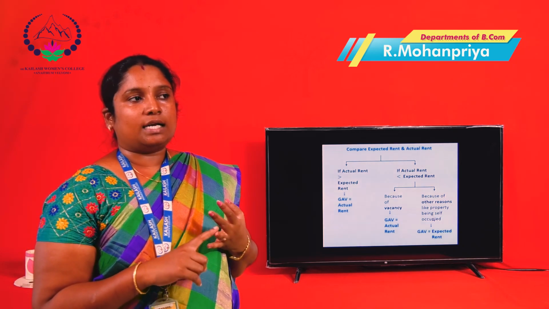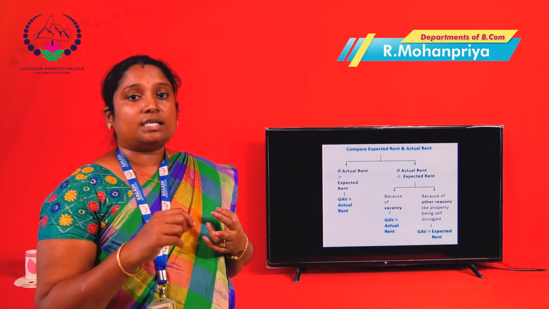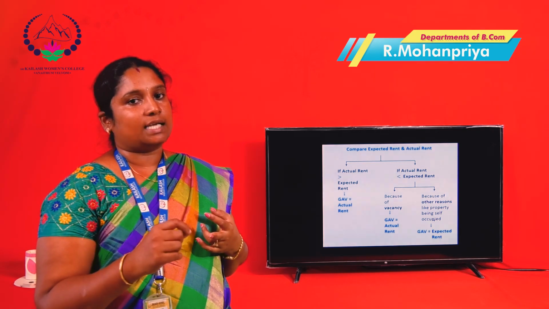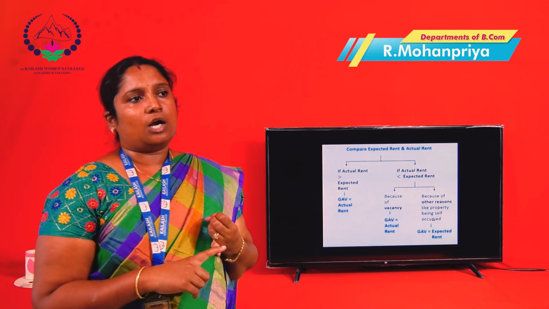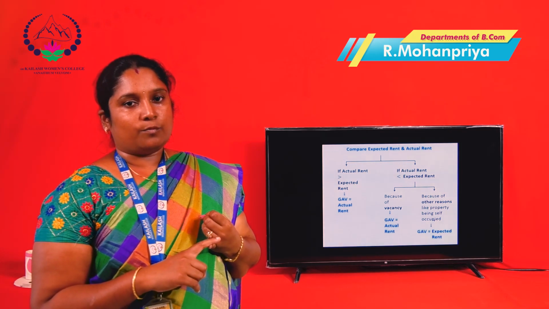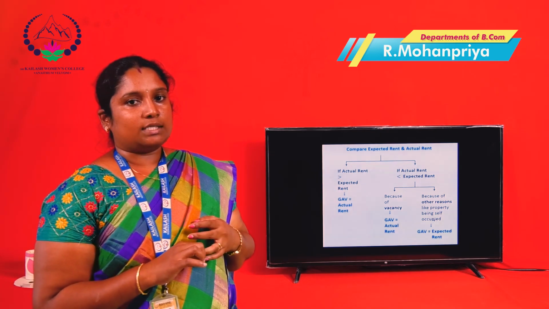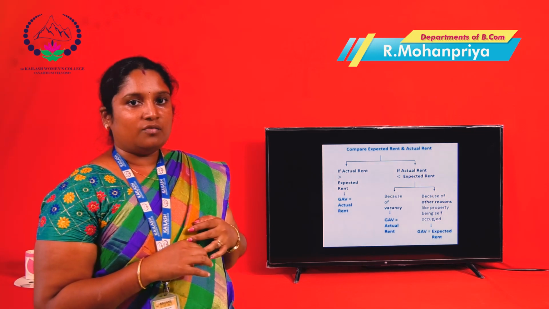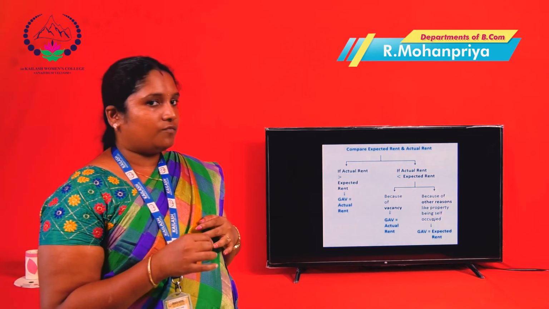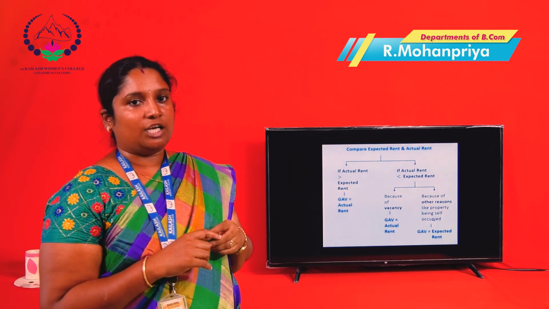The standard deduction is 30% of the net annual value, and then interest on loan, interest on borrowed capital, all of it is deducted. That is the process from the net annual value.